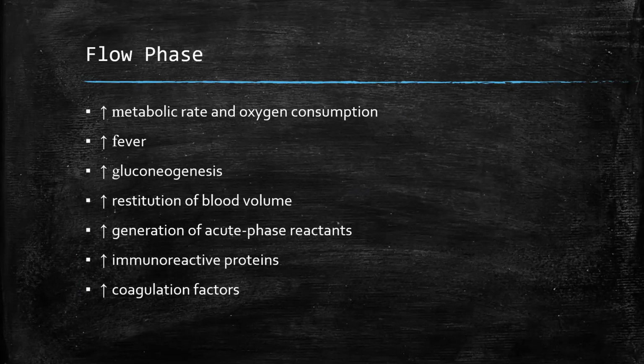The body needs to make glucose for the obligate glucose-using tissues. Blood volume continues to be restored under the influence of ADH and aldosterone. And then the inflammatory response kicks in the production of acute phase reactants, various immunoreactive proteins, coagulation factors, all the stuff that's ultimately going to be necessary to begin the wound healing process.